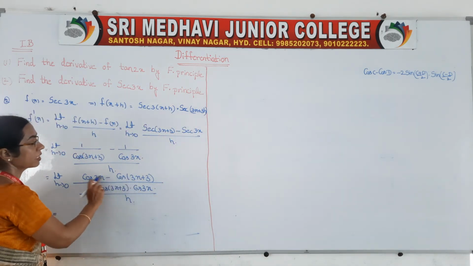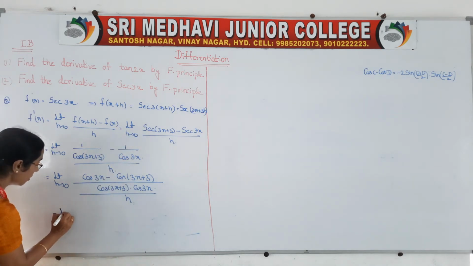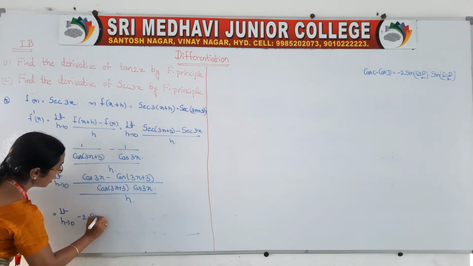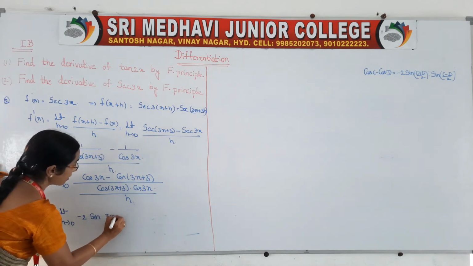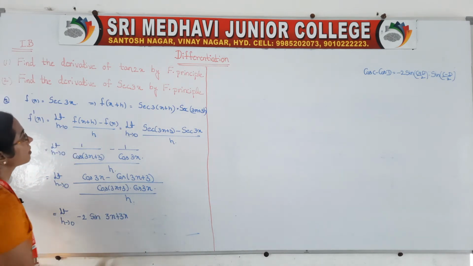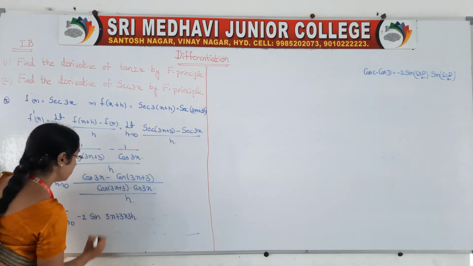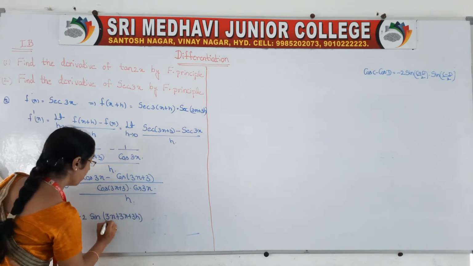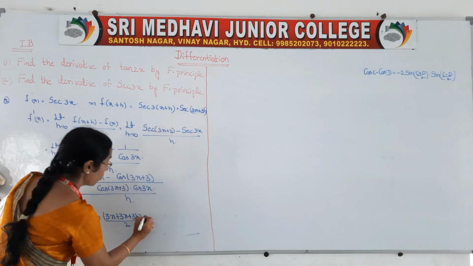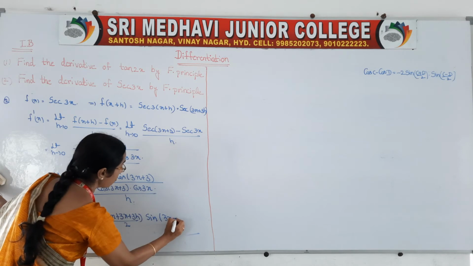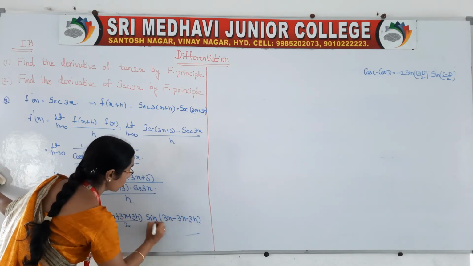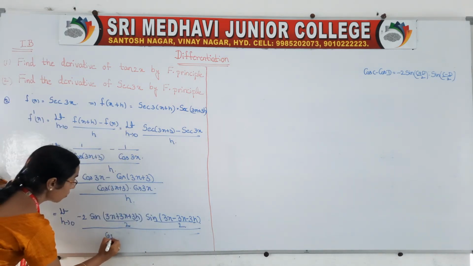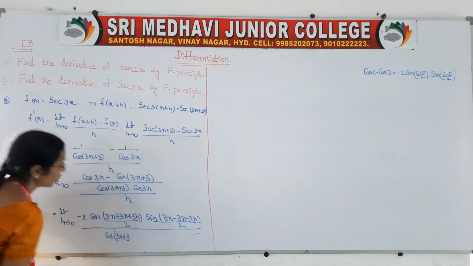So here we have, limit h tends to 0, we can take minus 2 sin of c, what is c? 3x plus 3x plus 3h, by 2, into sin of 3x minus 3x minus 3h by 2, divided by cos of 3x plus 3h, isn't it?